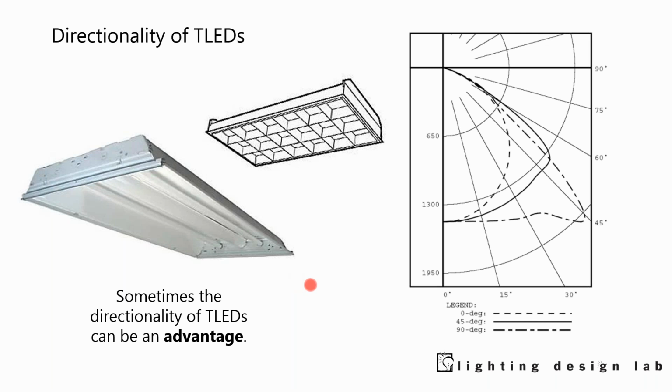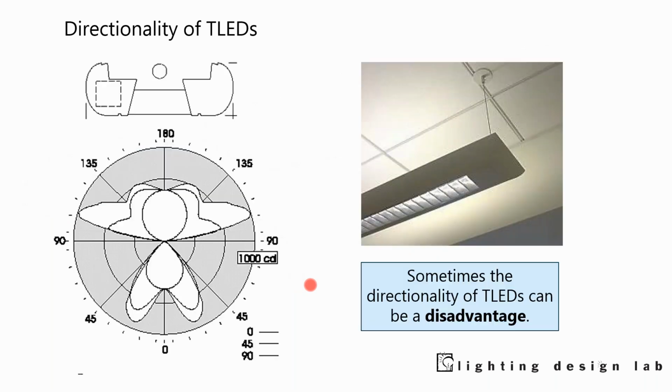But that may be not a big problem. But it is a big problem if we have an indirect direct fixture where we have to have some light coming out the top. Here's our light source in the middle. So it has light out the top, light out the bottom. Well, if we have a light source that only gives light one direction, we have to choose which it is. And that's going to be a compromise at some point.